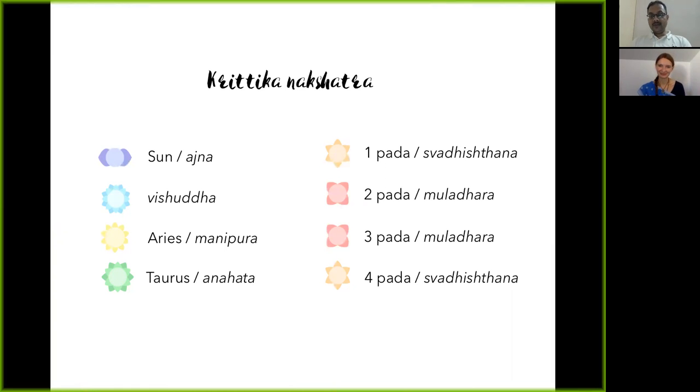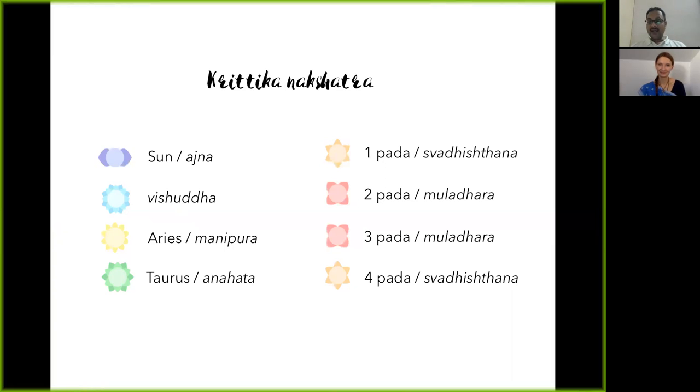This is a very important observation, and I love that you brought this up, Achala ji, because when I was looking at this, I saw that all the 6 chakras are there within Krittika. And in the Atharva Veda, it is believed that this is the first nakshatra, because maybe the vernal equinox happened there during those times, and that's when they took Krittika to be the first nakshatra.